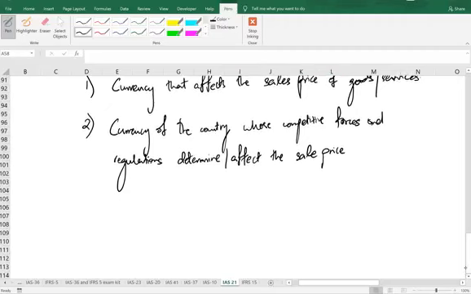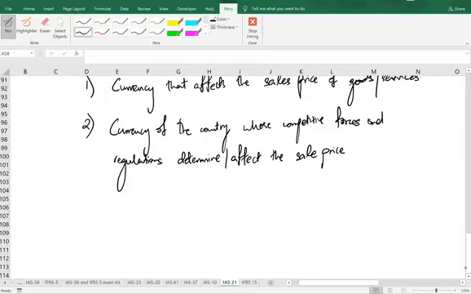Second factor, currency of the country whose competitive forces, that means the competition and regulations, determine or affect the sale price. So the laws and regulations of that country in which you're operating, if it's not the same country that has the presentational currency in which you're presenting your financial statements, then obviously your functional currency is different from the presentational currency.